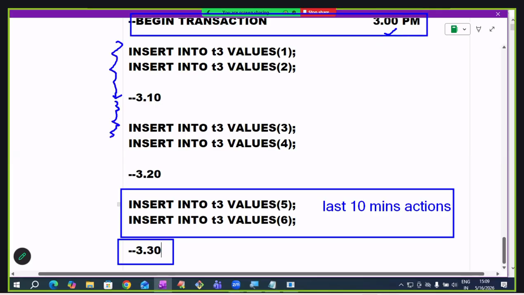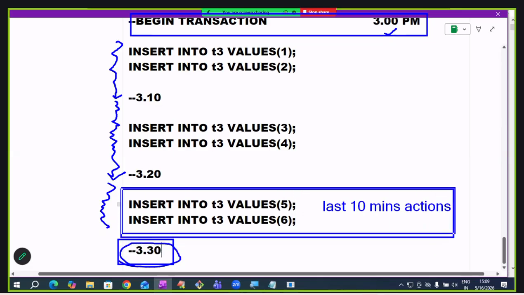Again I'm performing some more actions, time is 3:20. At 3:30, I found some mistakes in the last 10 minutes' actions. I want to cancel the last 10 minutes' actions now. It is impossible. Definitely I have to cancel the entire transaction.